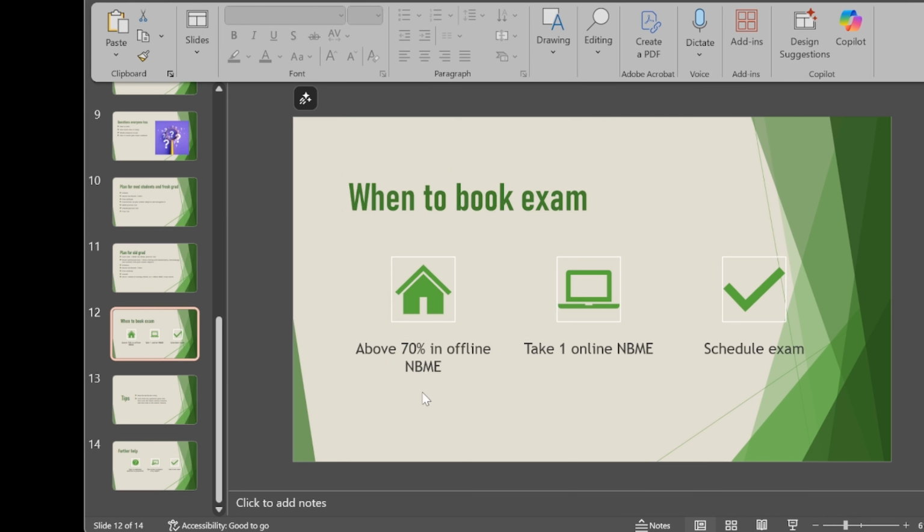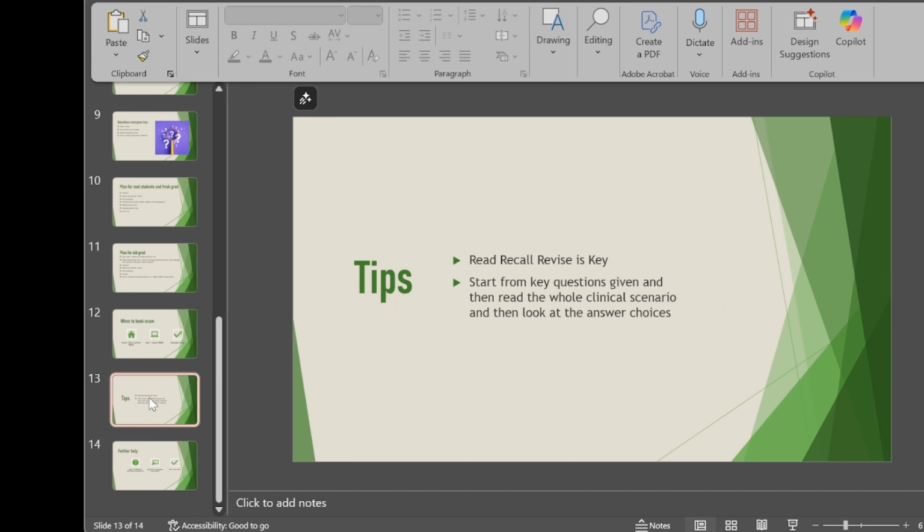Once you get more than 70% in your offline NBME, take one online NBME. In the online NBME also, if you get more than 70%, then schedule your exam. Don't try to hurry and schedule your exam. And the important tip is nothing but read, recall, revise.